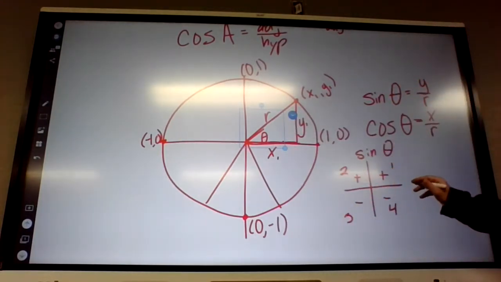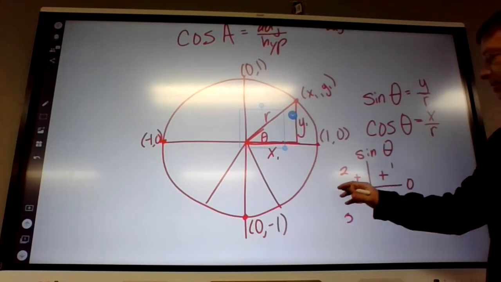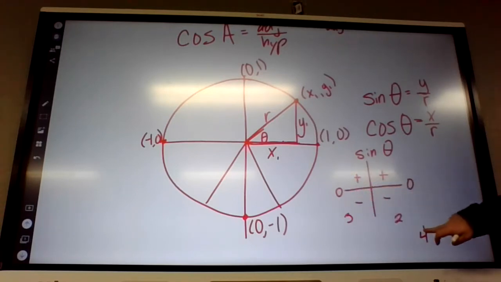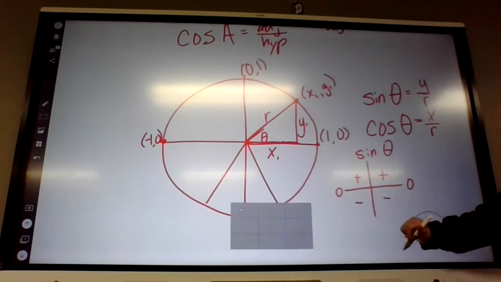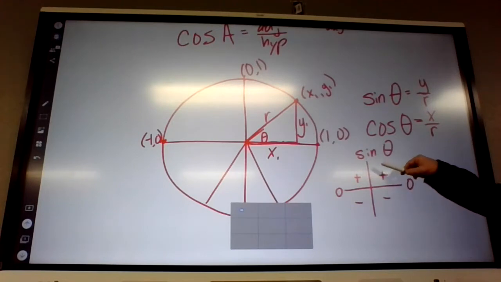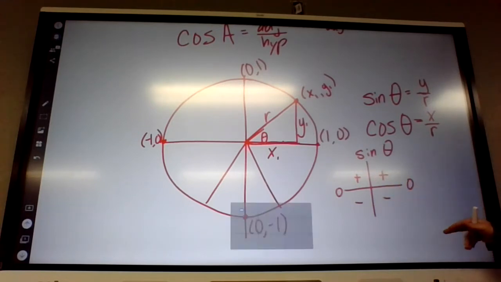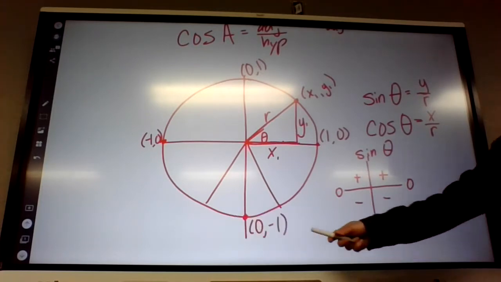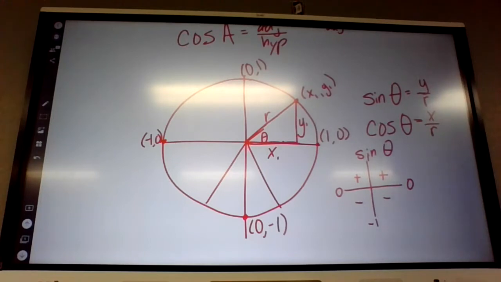So right here, sine is equal to 0. Up here is positive, down here is negative. Up here, sine is equal to 1, as big as it can get. Down here, sine will be equal to negative 1, as small as it can get.